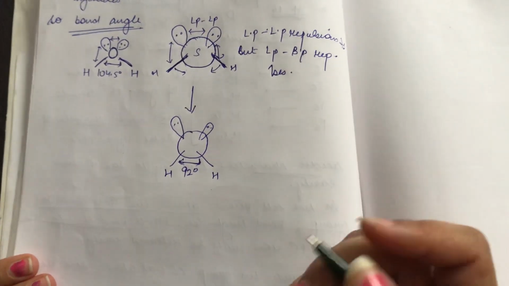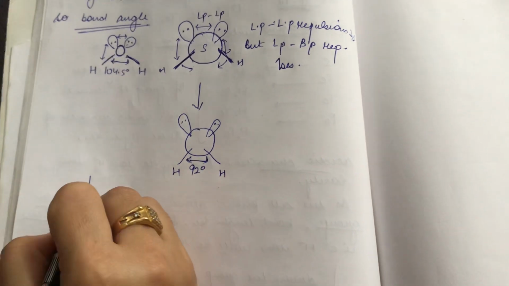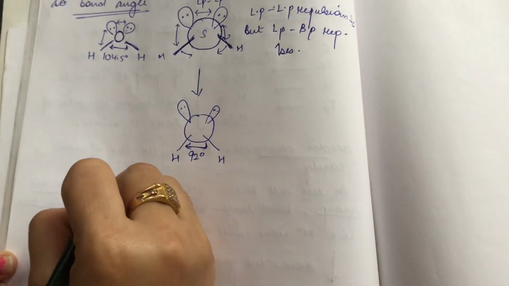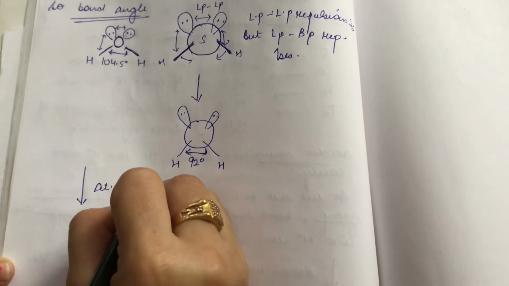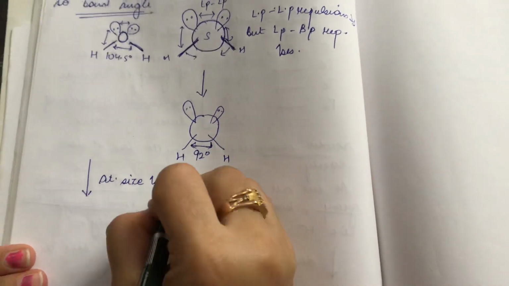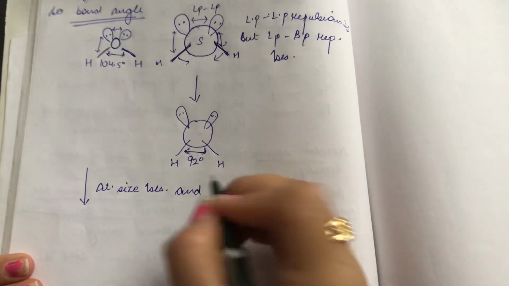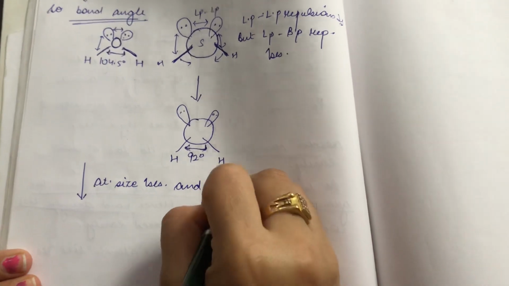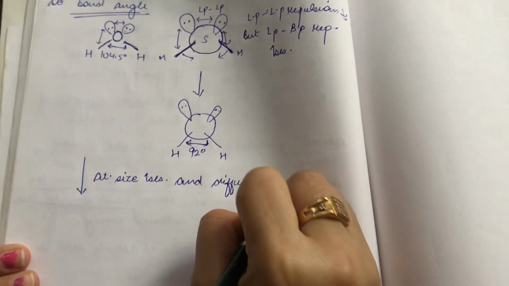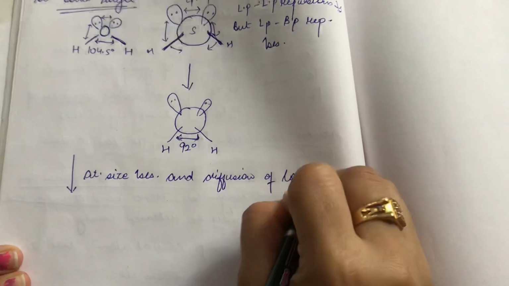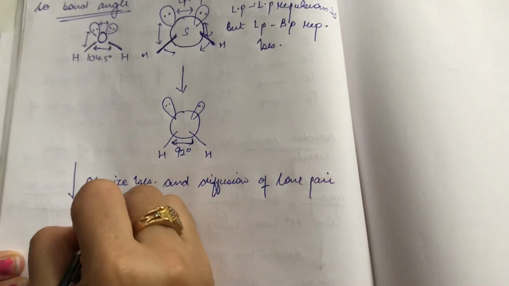Similarly, as we move down the group, atomic size increases and diffusion of lone pair increases.